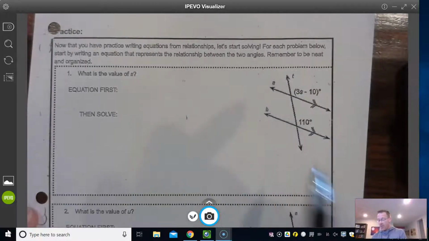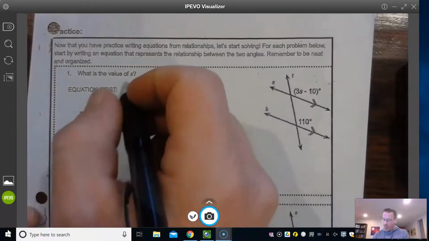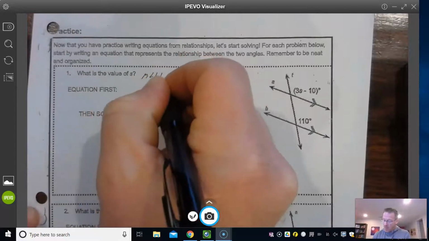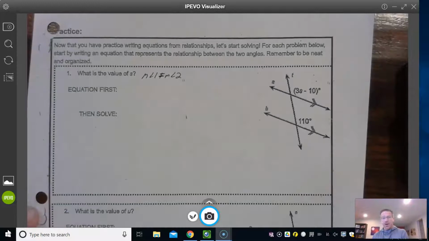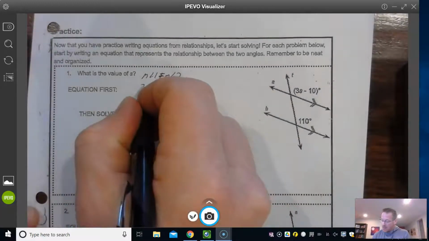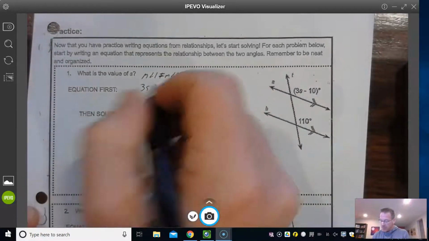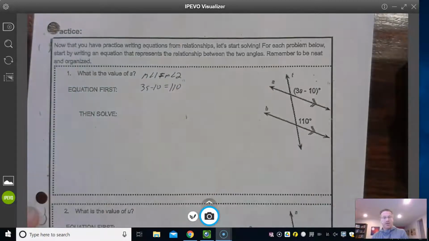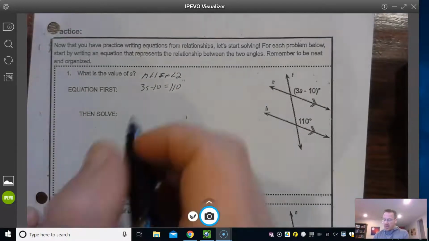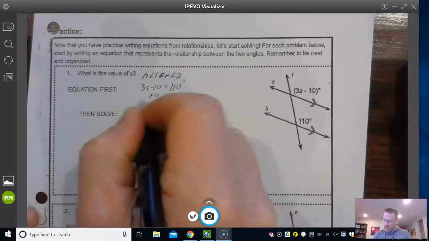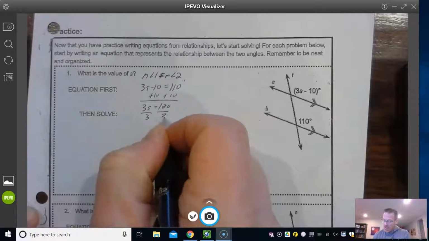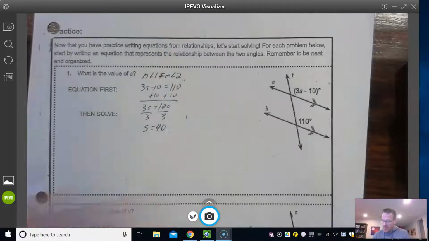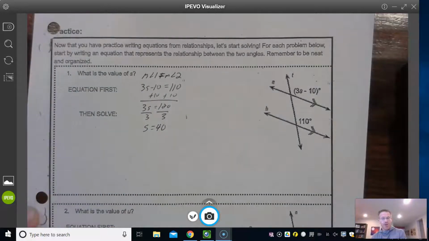We know corresponding angles are congruent, so the measure of angle 1 is equal to the measure of angle 2. If we take 3s minus 10 and set that equal to 110, there's our equation. Now we can solve and get a value of 40 degrees for s.